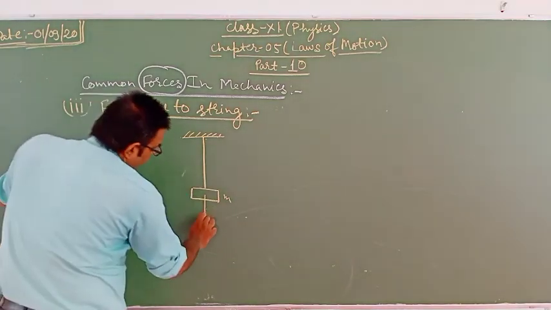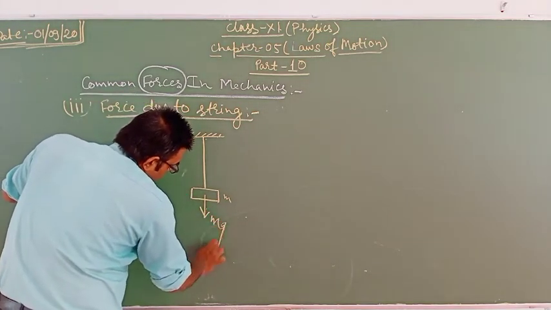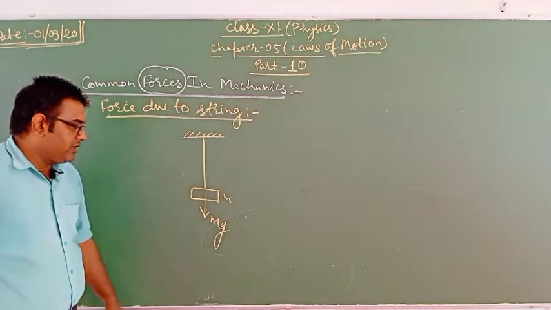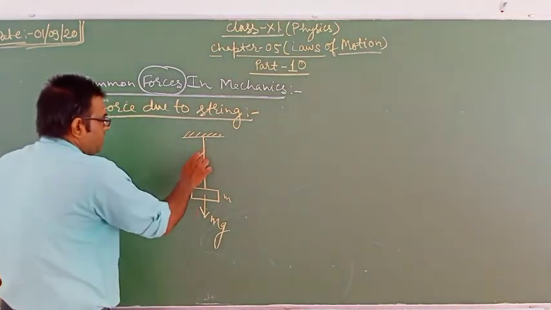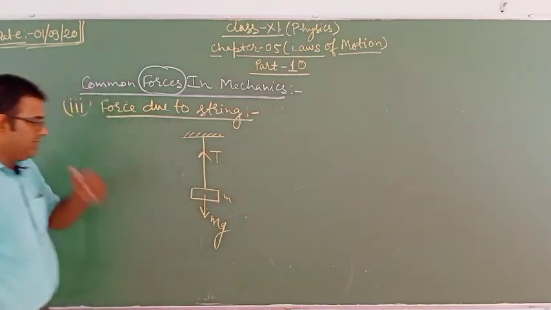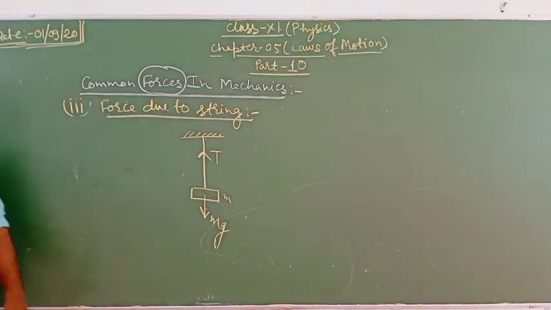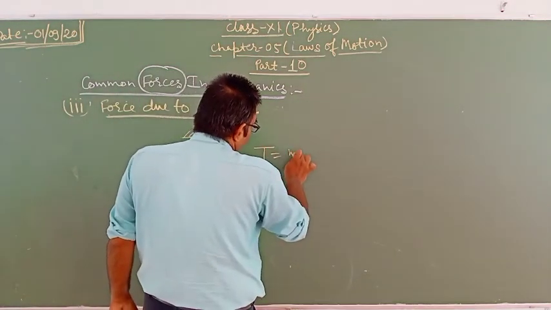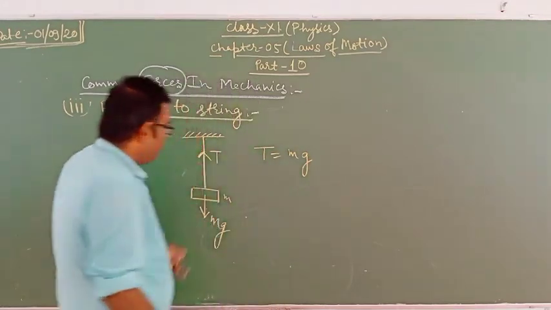Then there is the weight mg, due to the gravitational pull of the earth, and a tension T acts to counterbalance the weight mg. So, according to Newton's third law, T is equal to mg for the case of equilibrium.